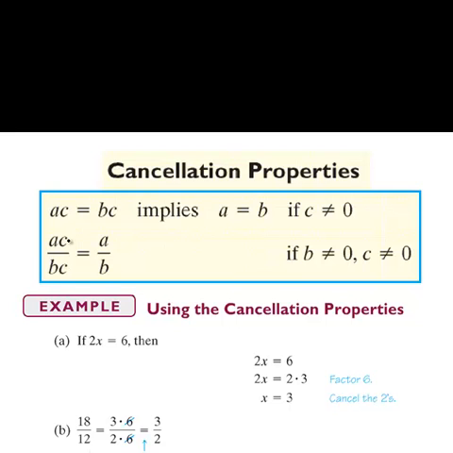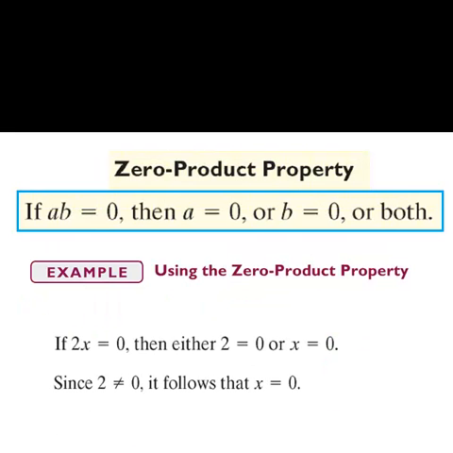If you have a fraction with a common factor in the numerator and denominator, then you can cancel out that common factor. In other words, you're reducing your fraction. So if you have 18 twelfths, for example, 18 is 3 times 6, 12 is 2 times 6, then take 6 divided by 6 to give you 3 halves. Okay, moving along here.